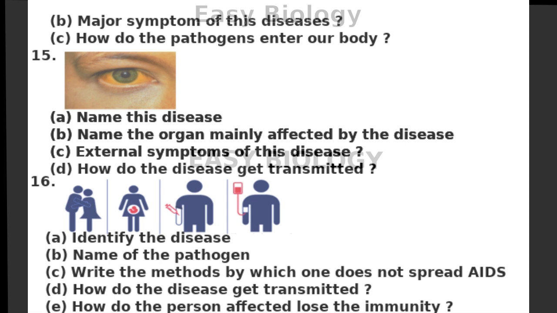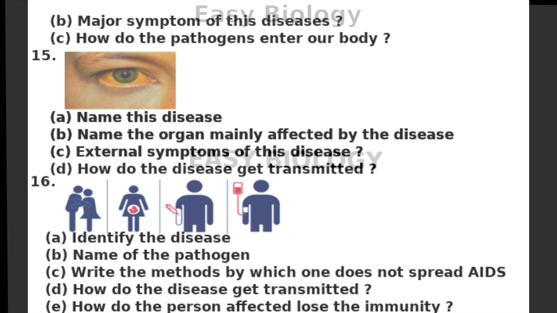Question 15C. External symptoms of this disease. The increase in the level of bile pigment called bilirubin imparts dark yellow color to the mucous membrane, white portion of the eyes and nails.